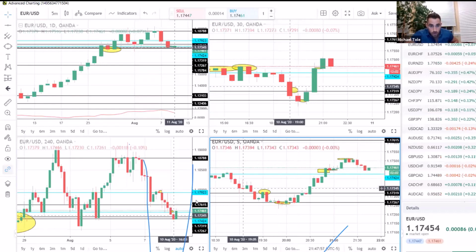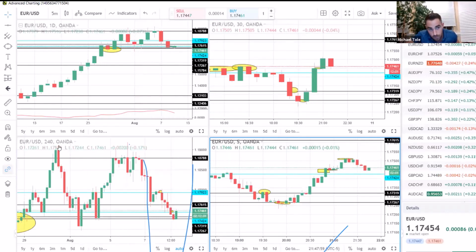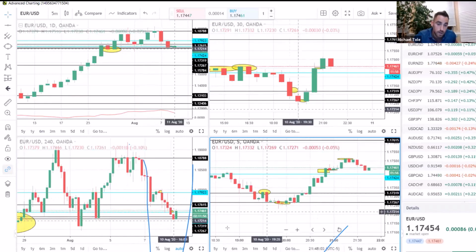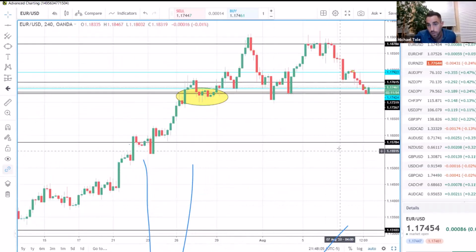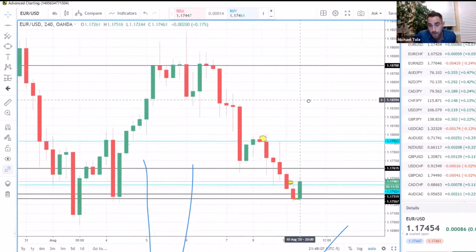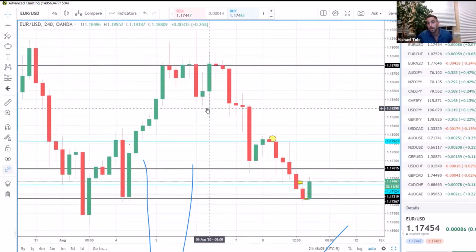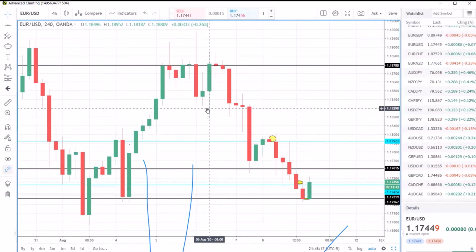But while we're still here, see here, okay, 240, right? The 4-hour chart. So although this stuff is happening, we go here to the 4-hour chart, right? On the 4-hour chart, what are we? Anybody? Somebody? What is the trend?